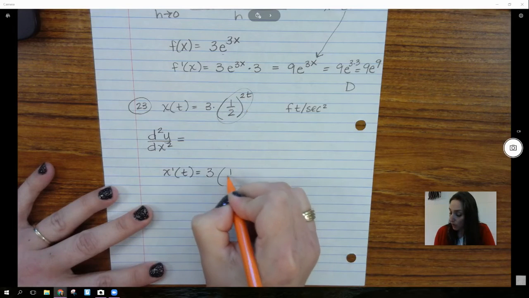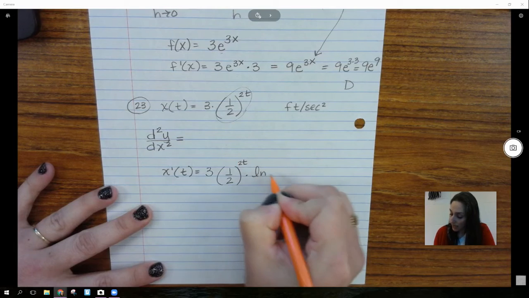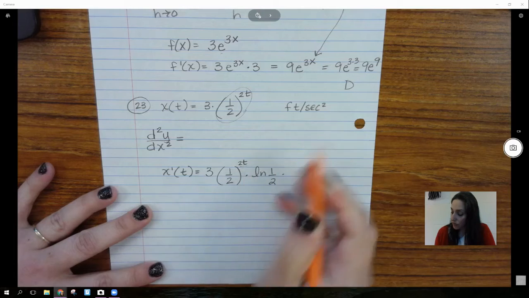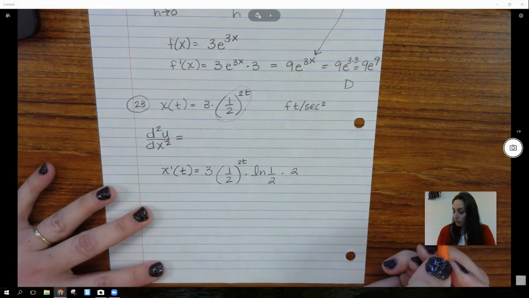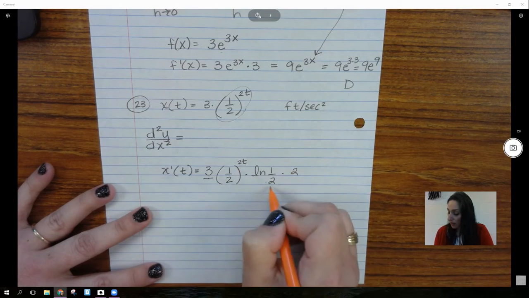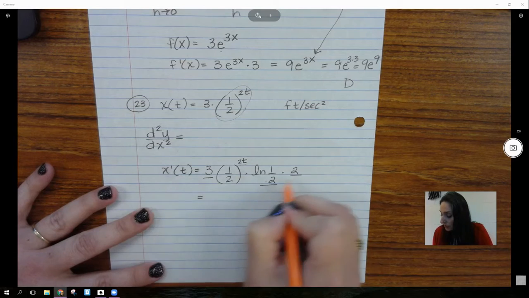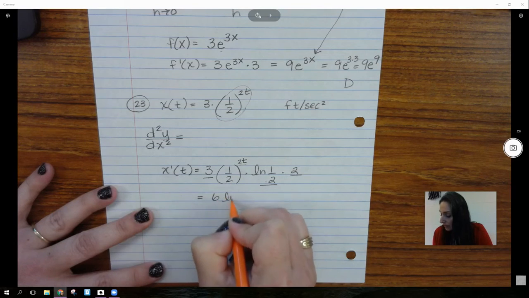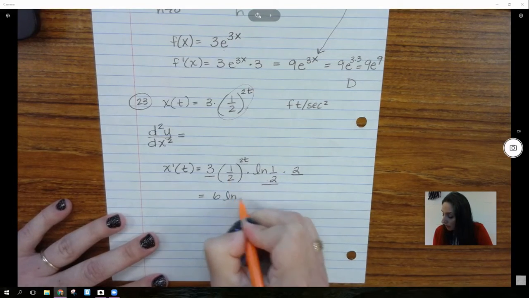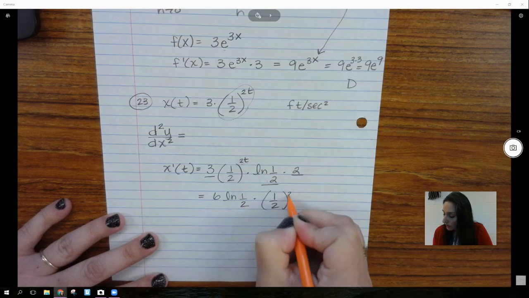So it's going to be 1/2 raised to the 2t times natural log of 1/2 times the derivative of 2t, which is 2. All of these things are constants, so we can bring that out into the front. So let's see, how about 6 natural log of 1/2 times 1/2 raised to the 2t.